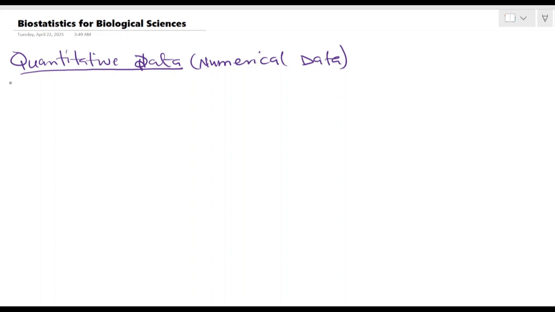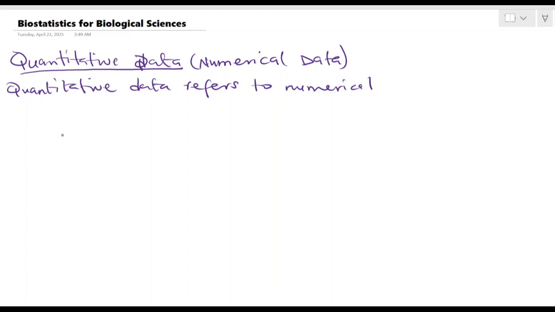So we'll write that keynote down. Quantitative data refers to numerical values that can be measured or counted.